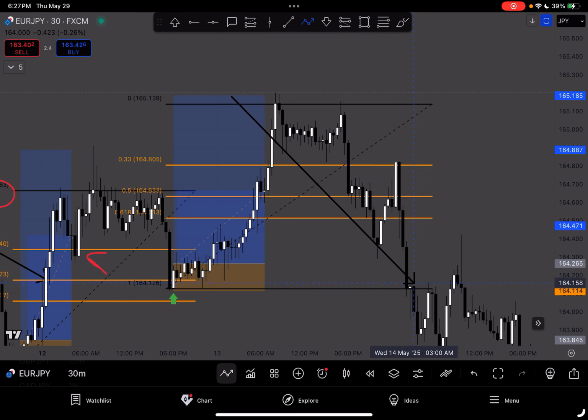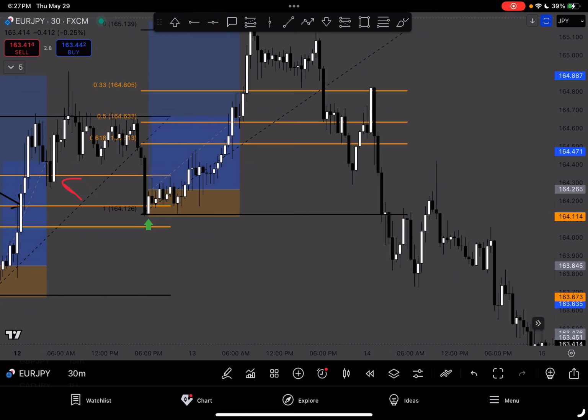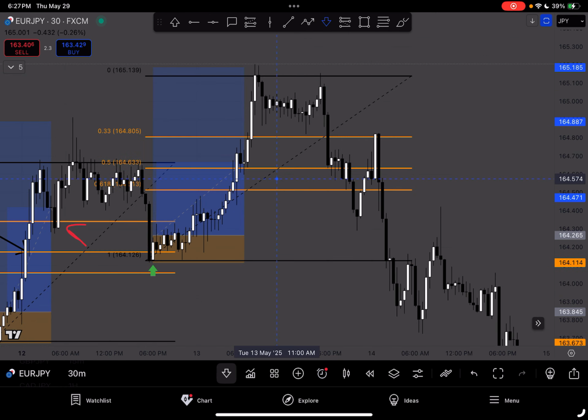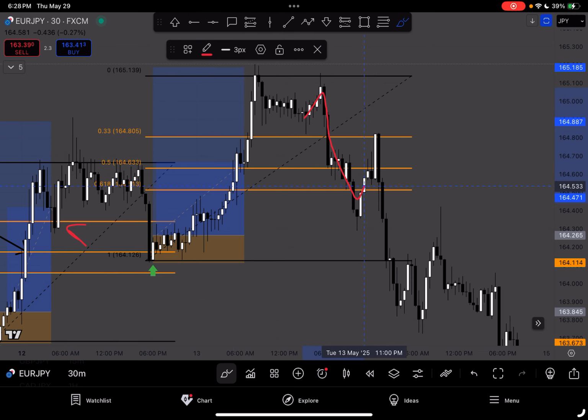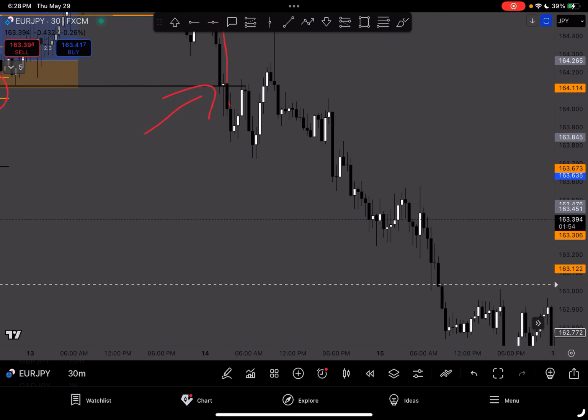Notice the market broke our low, so we know this is a possible change in trend, right? If you already didn't see the market start to make these lower highs and lower lows, this definitely confirmed that break in trend and that switch to the downside.